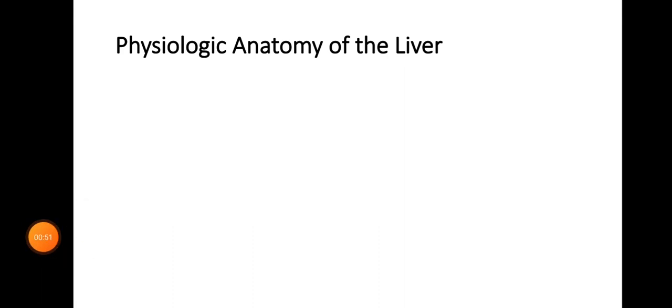The liver is the largest organ in the body, contributing about 2% of the total body weight, or about 1.5 kilograms, that is 3.3 pounds, in the average adult human.